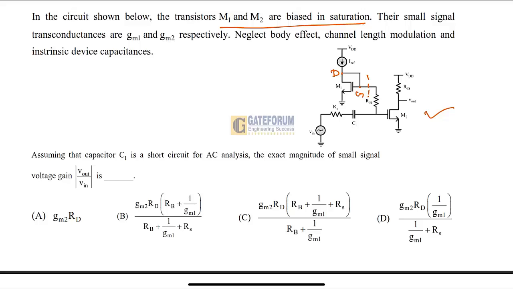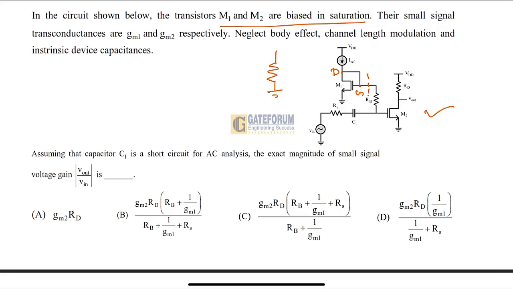Whenever we have to find the small signal voltage gain, it means we are talking about the AC signal gain. So for the given circuit we have to draw the AC equivalent circuit. First of all, for this M1 transistor, the small signal equivalent circuit will be given like this.